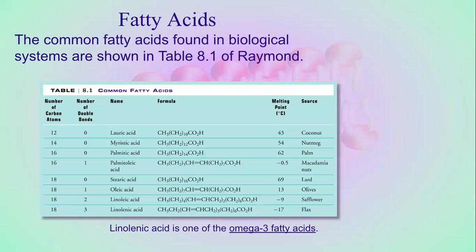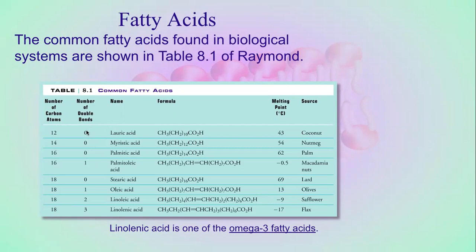So here are some common fatty acids that you see. You may all be familiar or have heard of omega-3 fatty acids. So linolenic acid is one of the omega-3 fatty acids. So in this table, you can see the number of carbon atoms. These all have an even number. You can see the number of double bonds.